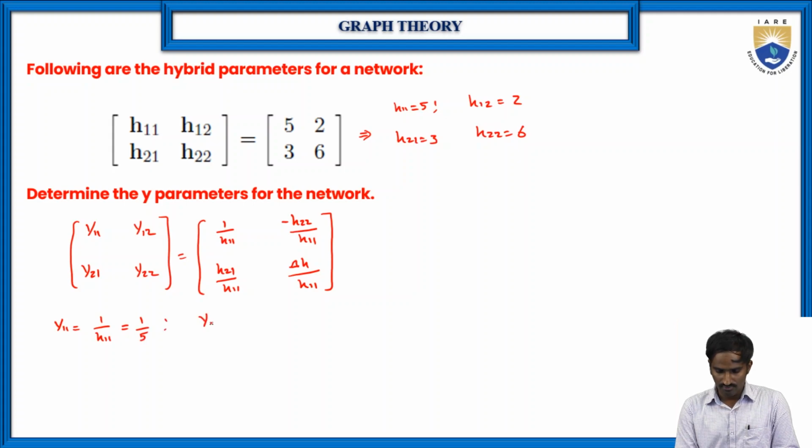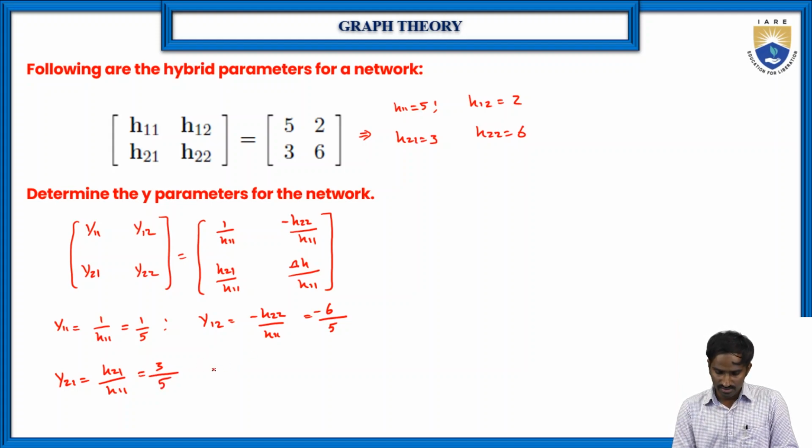Then y12 is equal to minus h22 by h11. Here h22 is 6 and h11 is 5, so minus 6 by 5. Then similarly y21 is equal to h21 by h11. What is h21 here? h21 is 3, and h11 is 5.